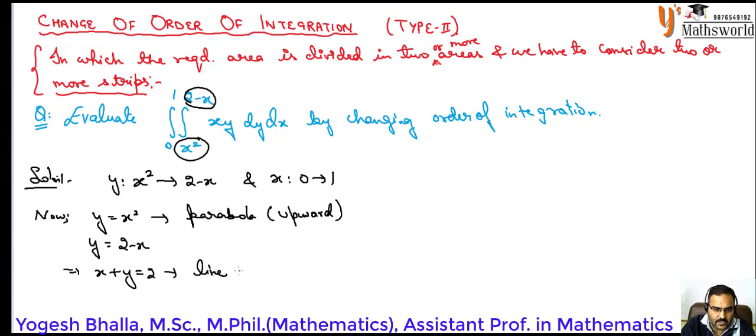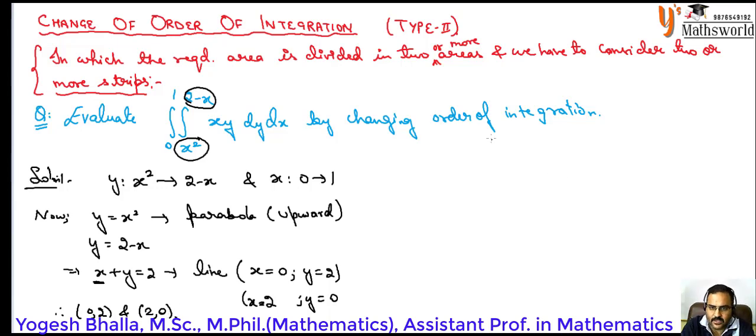When I substitute x equal to 0, y will be equal to 2, and when I substitute y equal to 0, x will be equal to 2. So this line intersects the y-axis and x-axis at the points 0, 2 and 2, 0.